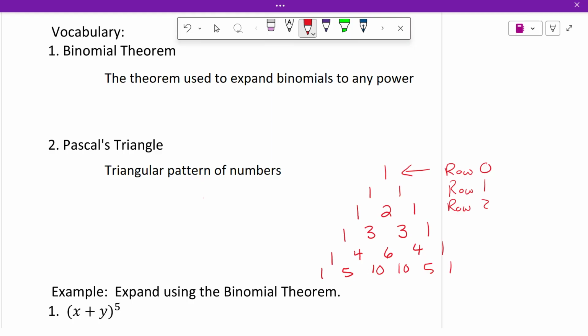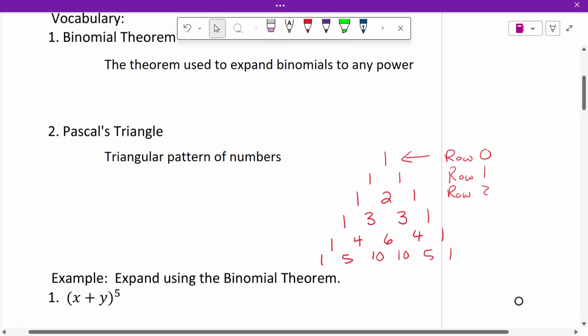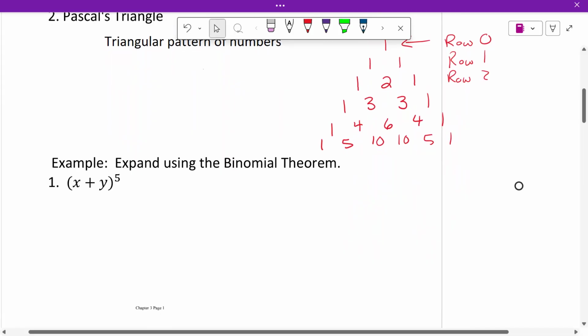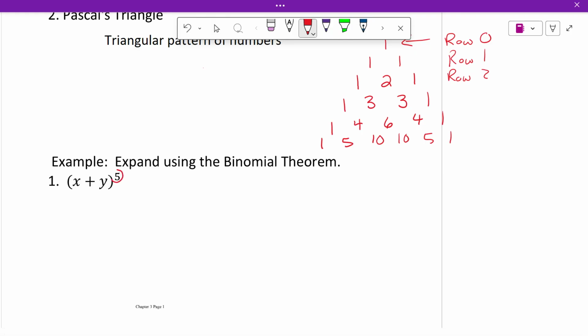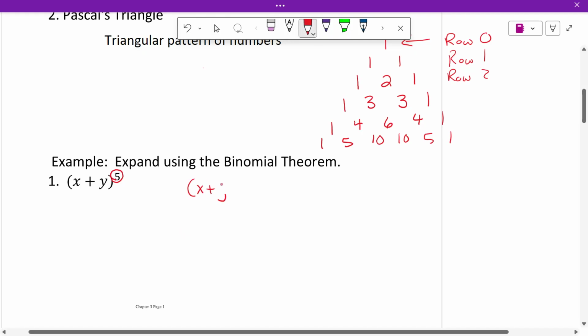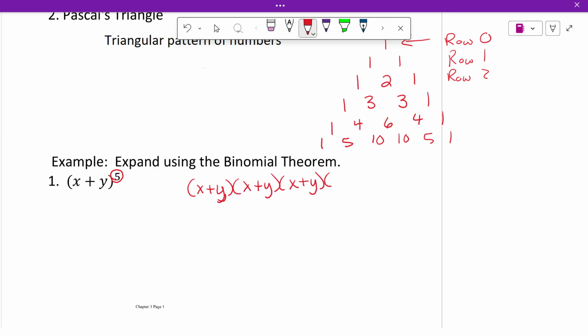All right, so the binomial theorem, we're going to use that to expand, and what I'm going to do on this first one is use Pascal's triangle. So when a quantity is to the 5th power, in the olden days, you would write it out 5 times.